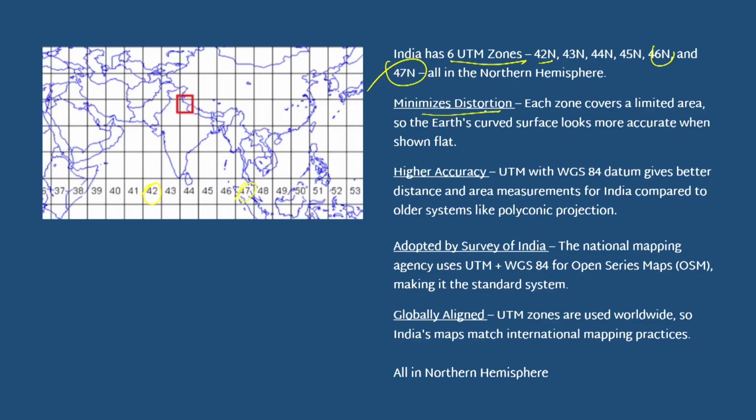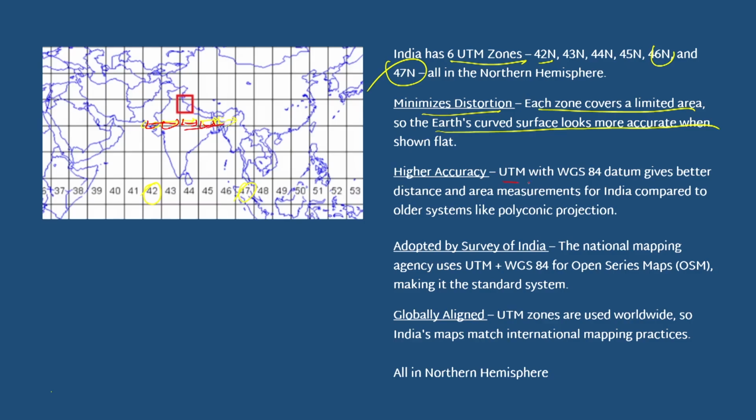To minimize the distortion, each zone covers a limited area, so that the earth's curve can be flattened easily. Each zone is 6 degree, so that the curved structure of every zone easily flattens and we can minimize the distortion.